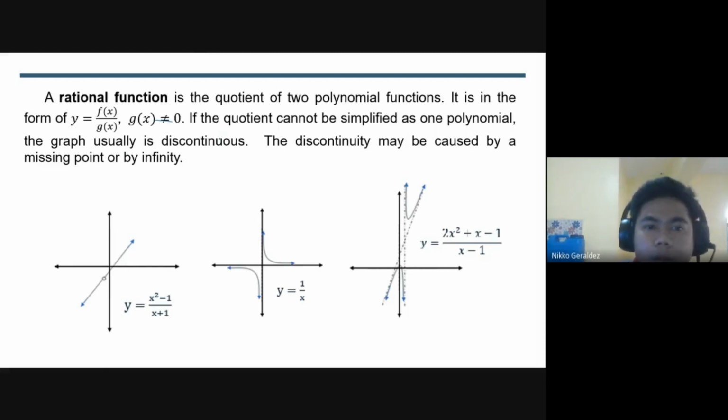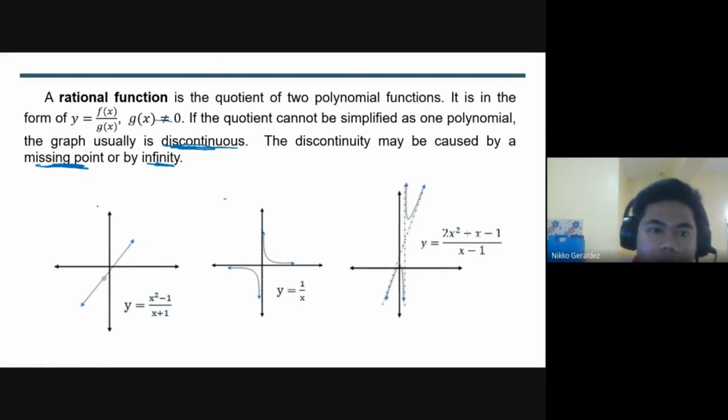If the quotient cannot be simplified into one polynomial, the graph usually has breaks. The discontinuity may be caused by a missing point or by infinity. So remember these two types of discontinuity.